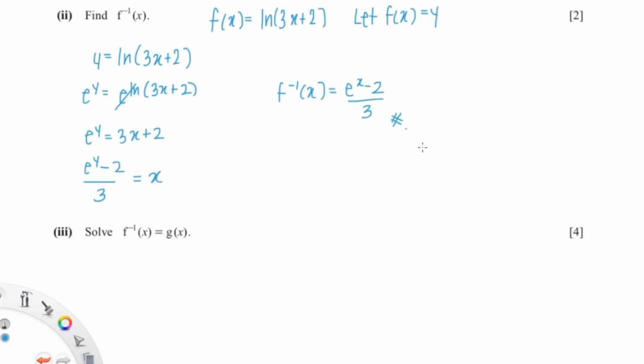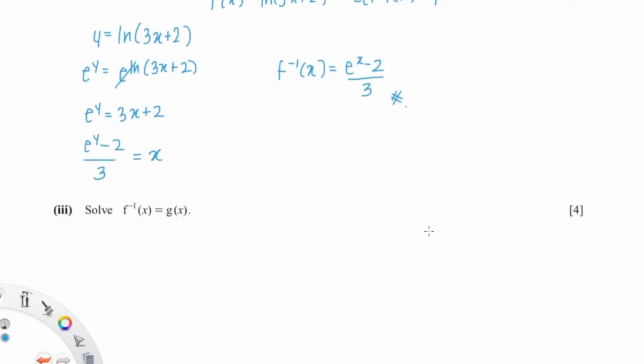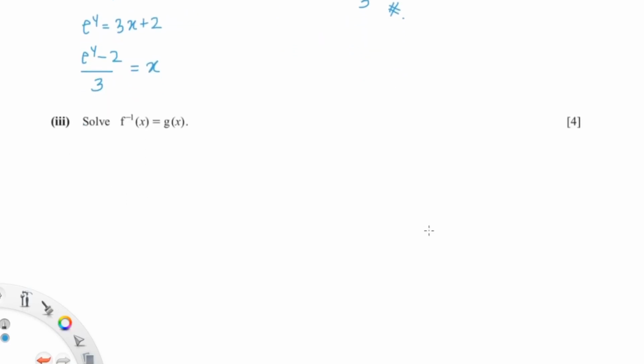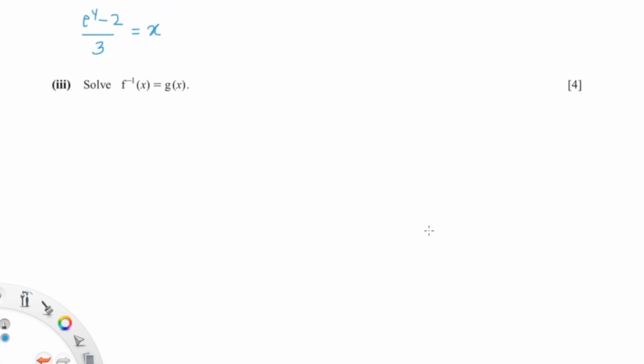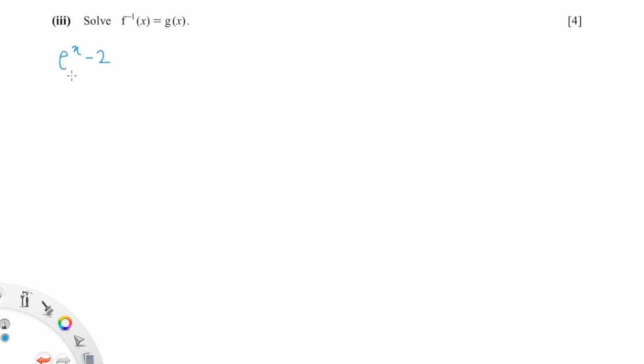So our next question is asking us to solve the inverse of function f equals function g. So we already know the inverse of function f from the previous question. That is (e^x minus 2) over 3.